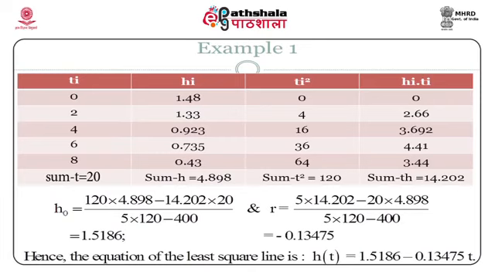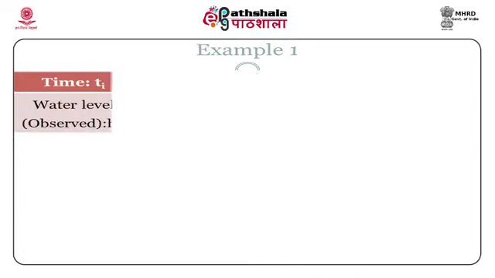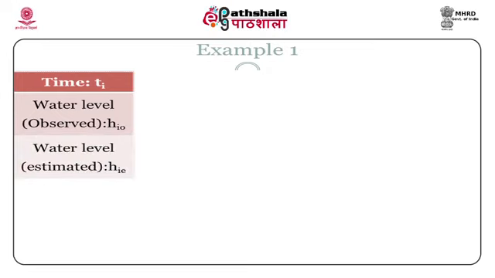Now if you compute the water levels estimated by the fitted relationship, and we already have the observed water levels, and compare all of them together, then we can find out how much error we are getting in each of these cases. So the first row in the next table gives the time values Ti, the second row gives the water level observed, as mentioned earlier, then the water level estimated, which is obtained using the relationship we already predicted.